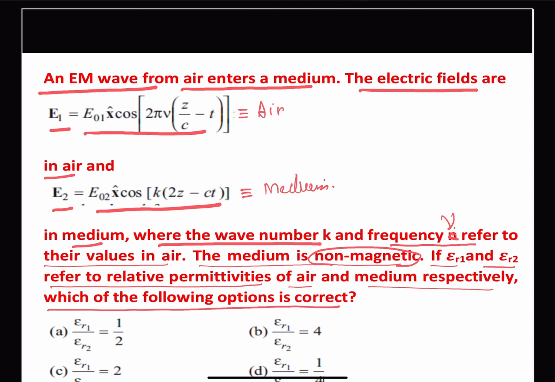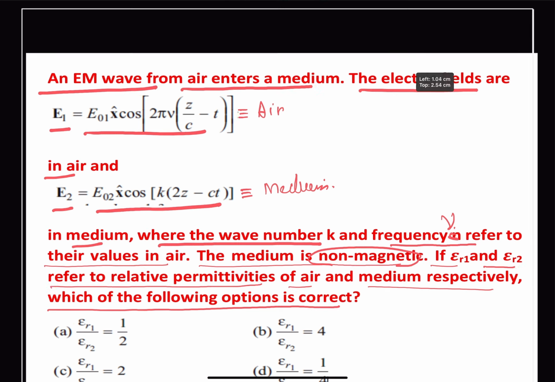So if the medium is non-magnetic, therefore we can say mu r, that is our relative permeability, is equal to 1.